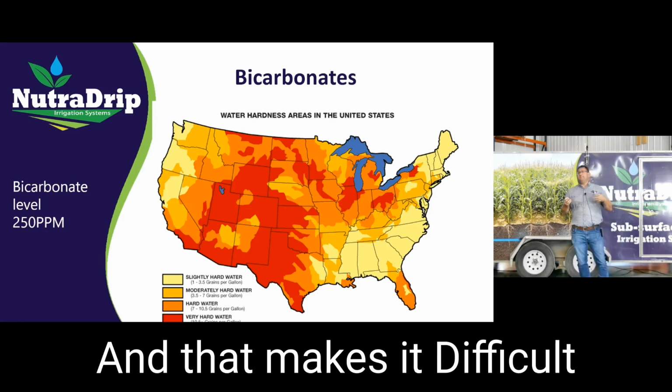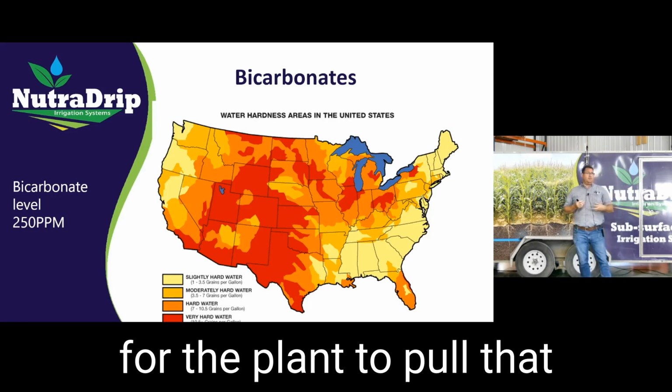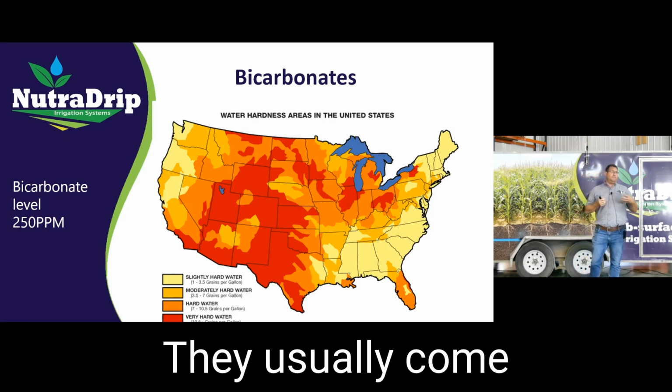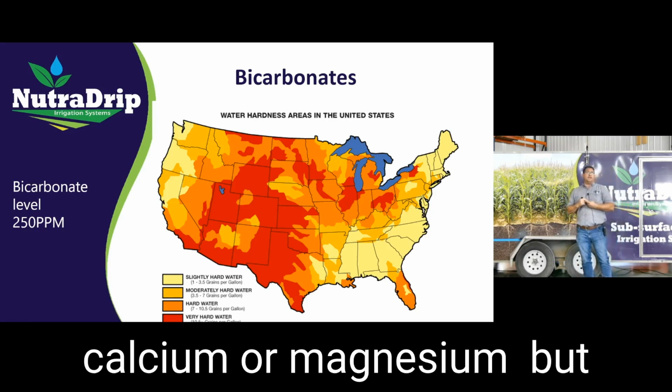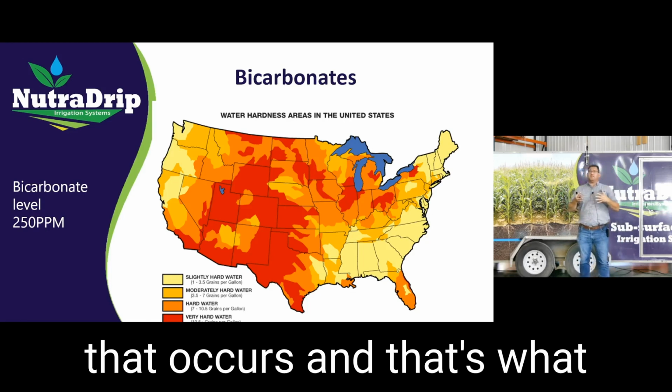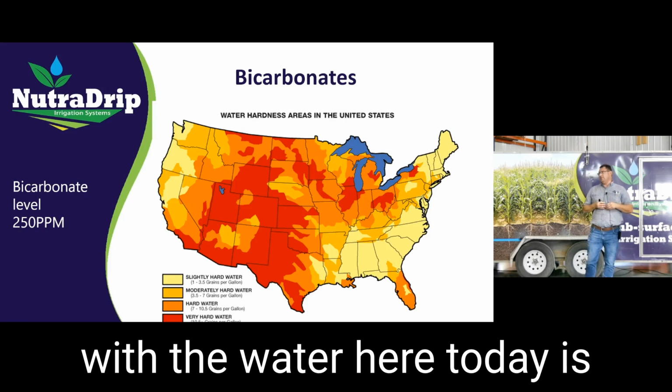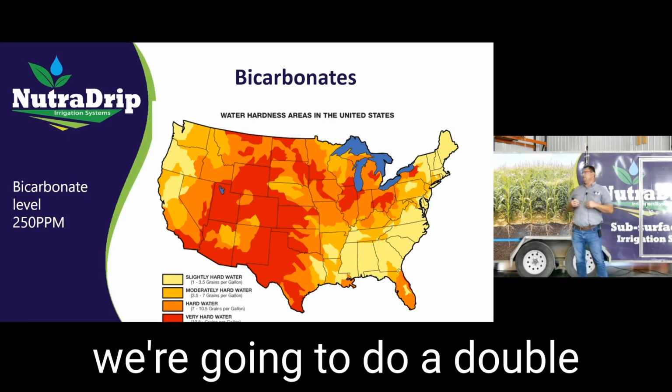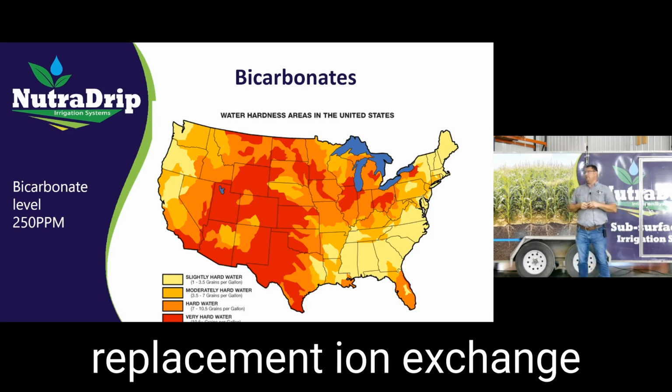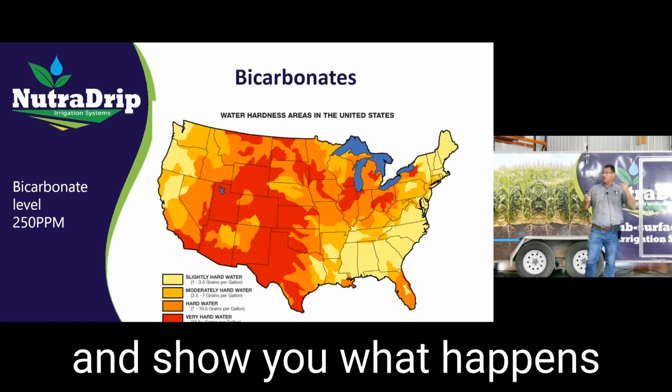And that makes it difficult for the plant to pull that off of that bicarbonate. They usually come associated, again, with the calcium or magnesium, but there's an ionic exchange that occurs, and that's what we're actually going to do with the water here today, is we're going to do a double replacement ion exchange and show you what happens with that.